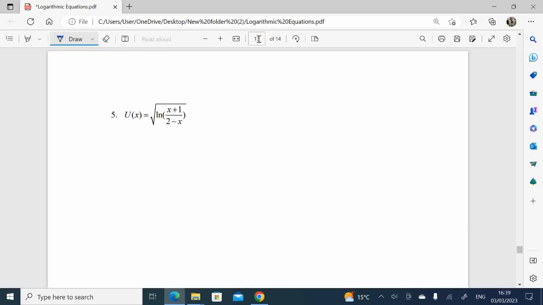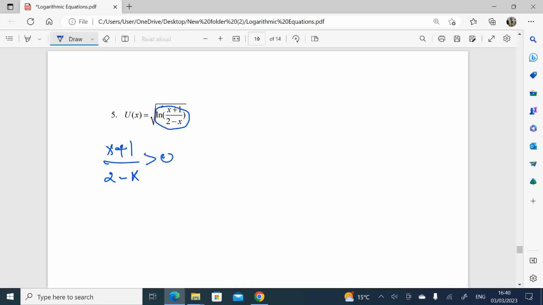In order for this ln to be defined, I need what's inside ln to be strictly positive. So our first condition is that (x plus 1) over (2 minus x) should be strictly positive. This is my first condition. So let us solve this condition first, and then we go to the next condition.